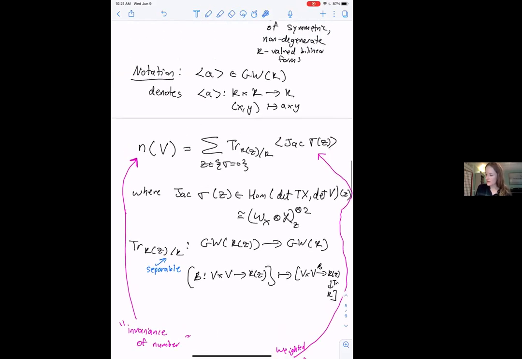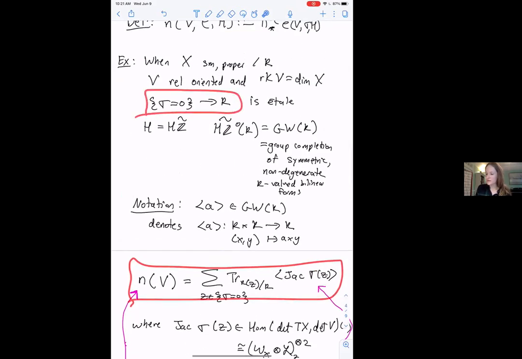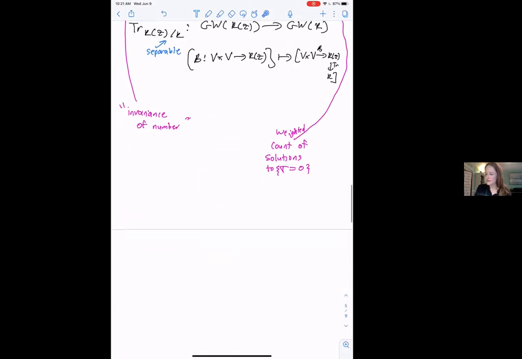So here, we had no excess. And let's talk about excess intersections.